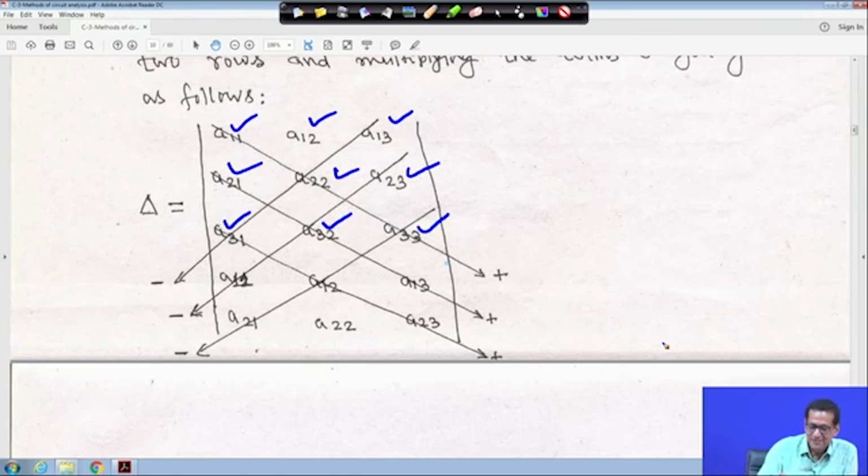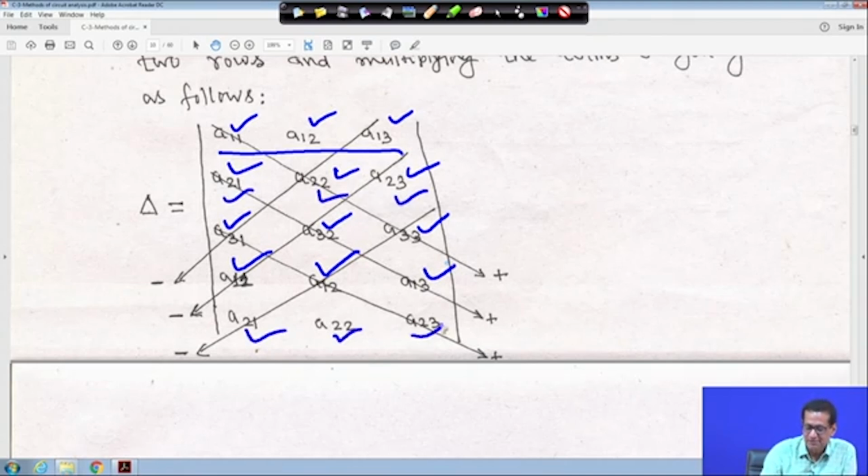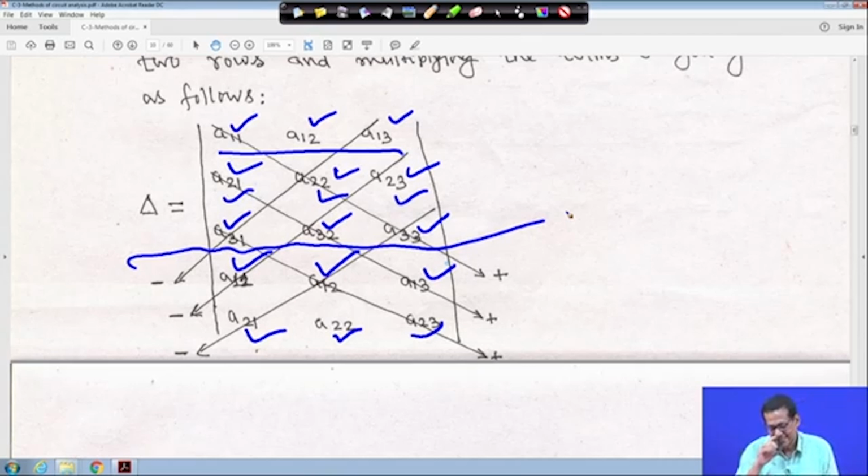Then what you will do, you repeat the first two rows further, that is A11, A12, A13, and A21, A22, A23, you repeat. You make it like this. So, first thing is your 3 into 3 matrix, and then you repeat the first two rows. Then you see how quickly you will get it.